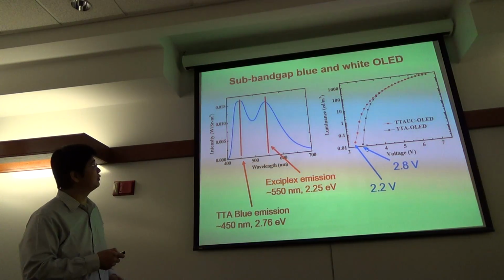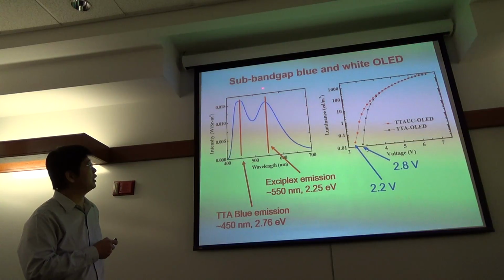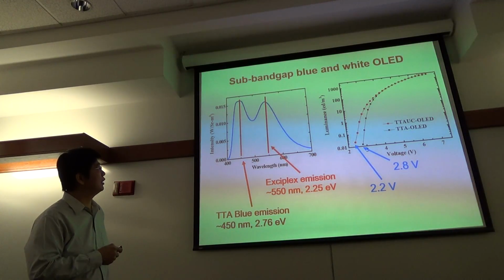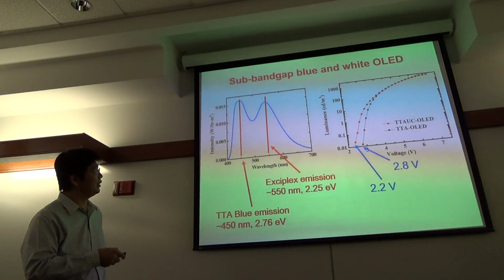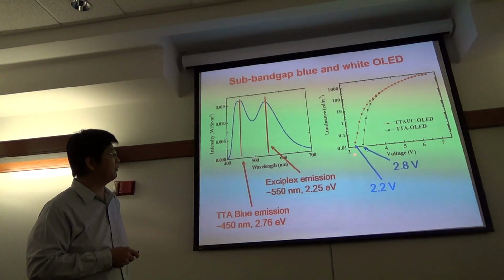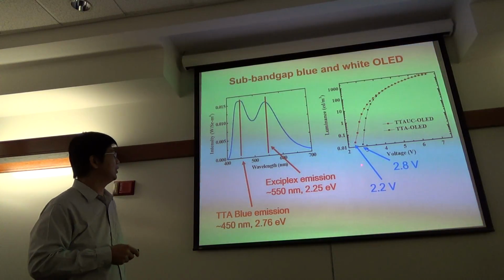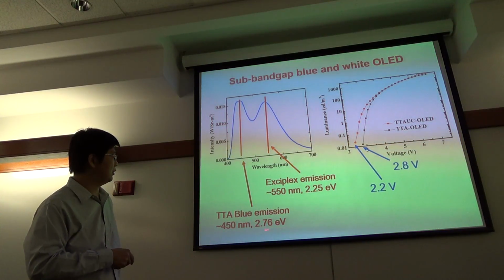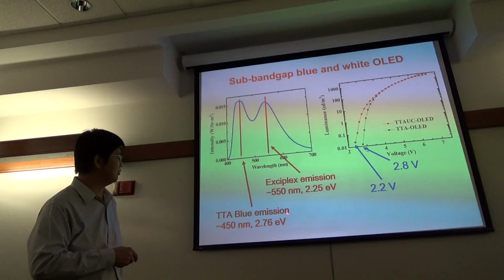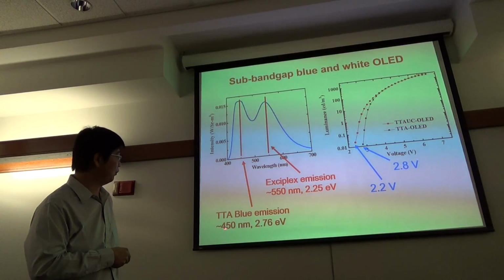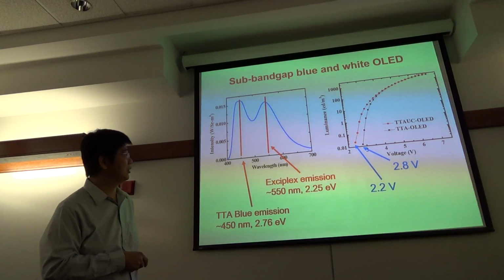So one criterion for the OLED is to lower the driving voltage. So we try to develop this topic, a sub-bandgap mechanism, where we can use, for example, 2.2 volts to generate the blue emission, which is about 2.76 electron volts, corresponding to 450 nanometers, by low voltage.